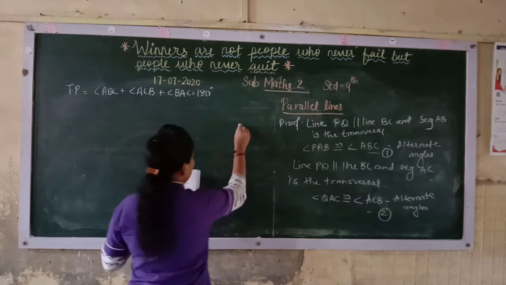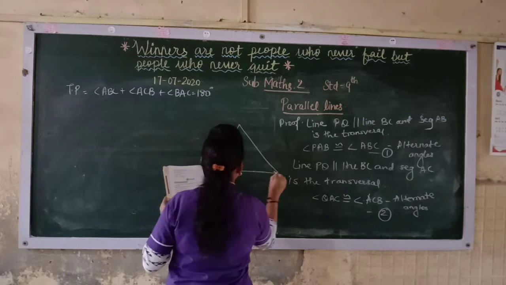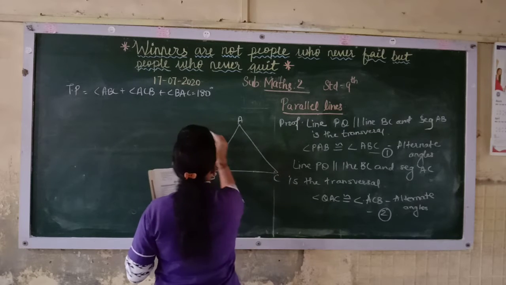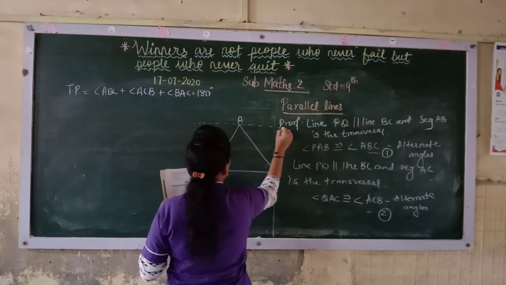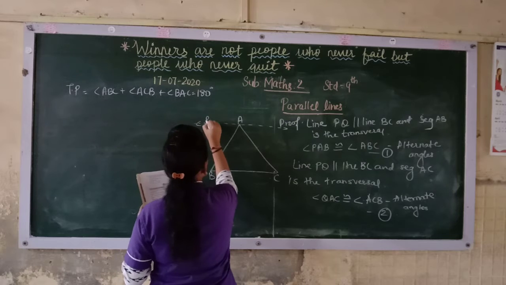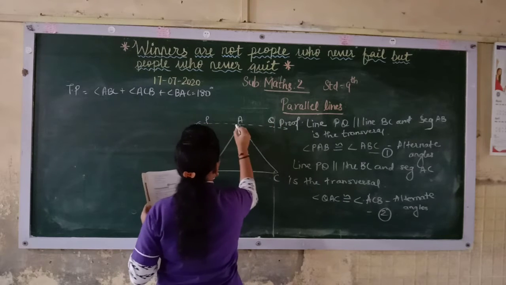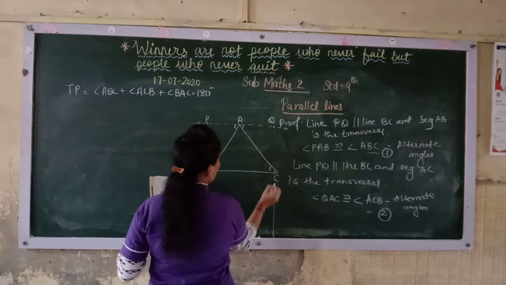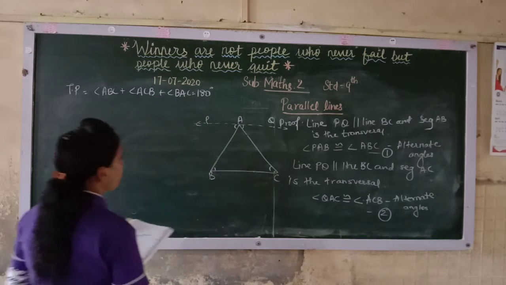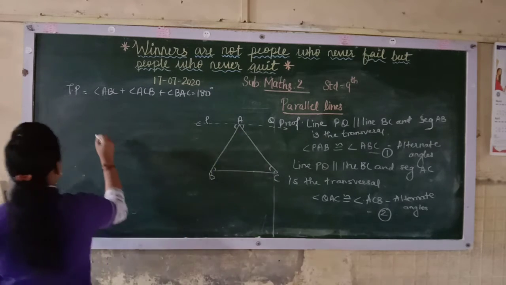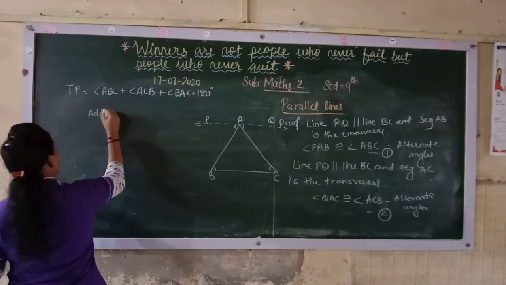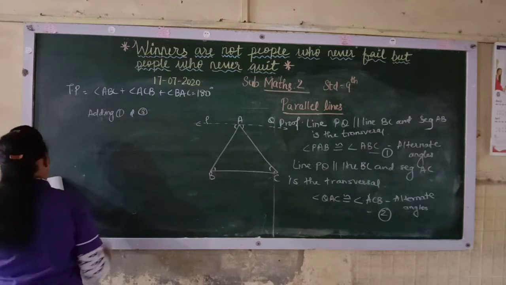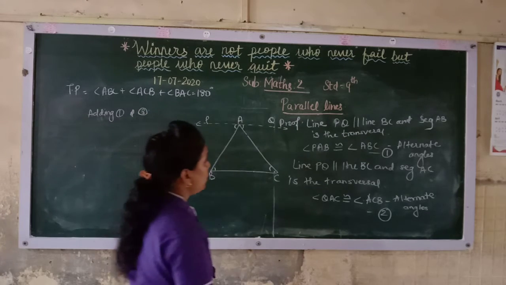So I will make the triangle ABC again, and you have to draw one line parallel to BC, that is PQ. These are alternate angles over here, corners over there. Now you have to add 1 and 2. So here you will get adding 1 and 2. Now when you add 1 and 2, what will you get?